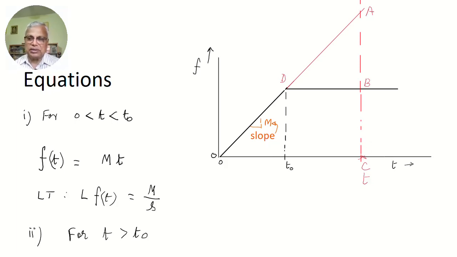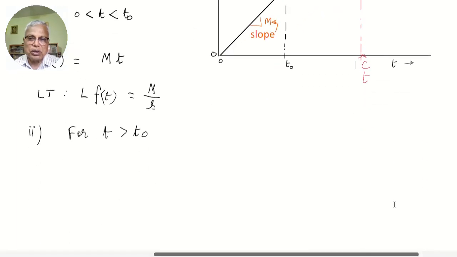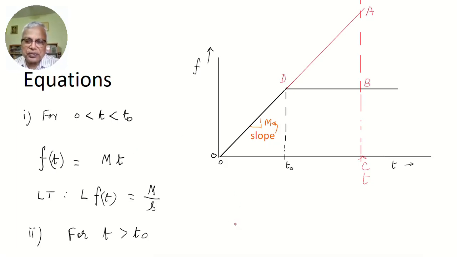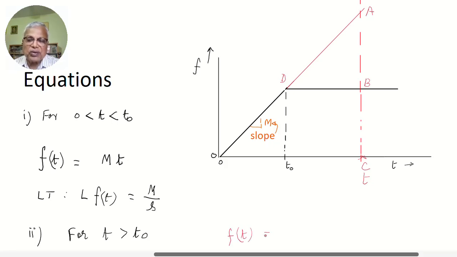So what is the equation now? For t greater than t naught, f of t equal to what?